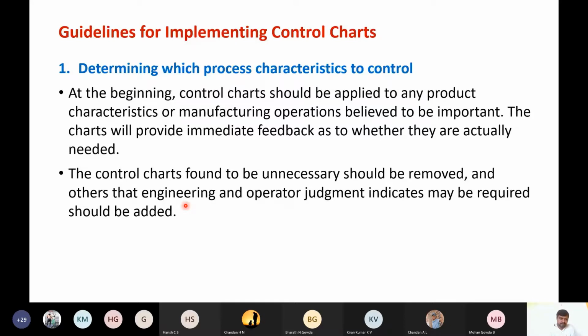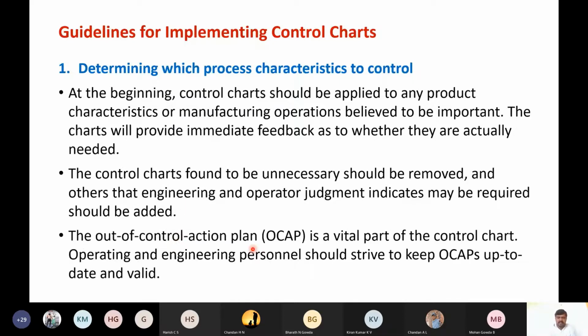The out of control action plan is a vital part of the control chart. Operating and engineering personnel should strive to keep out of control action plans up to date and valid. In the previous module we already discussed the out of control action plan in detail, so this is related to that.